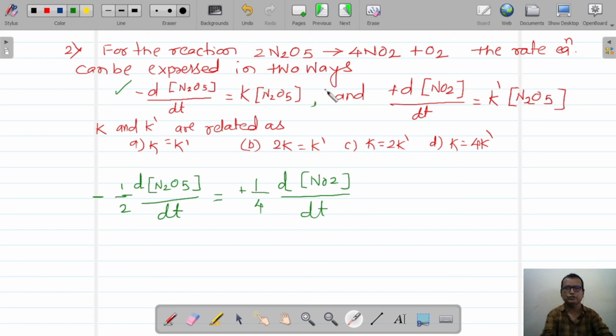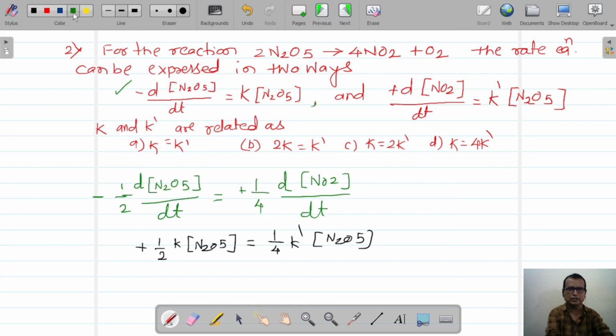Put these values here and here. Minus d N2O5 by dt is equal to 1 by 2 K into concentration of N2O5, equal to 1 by 4 K dash into concentration of N2O5.